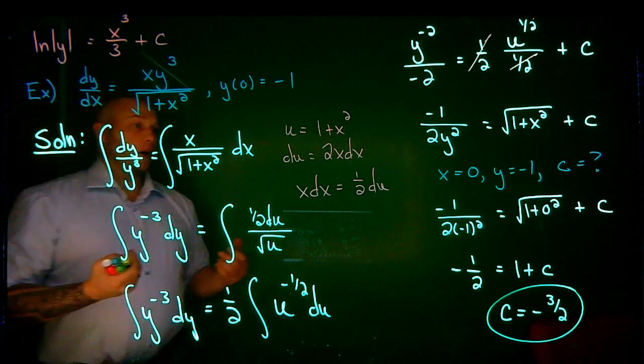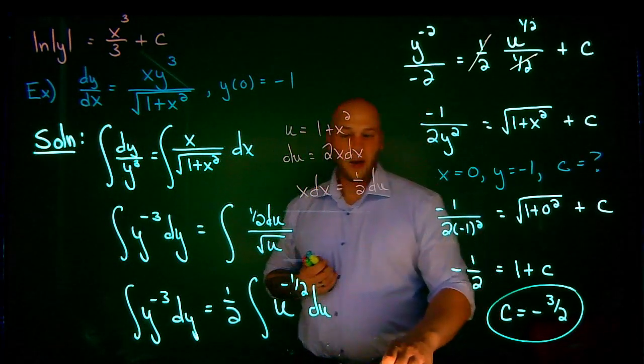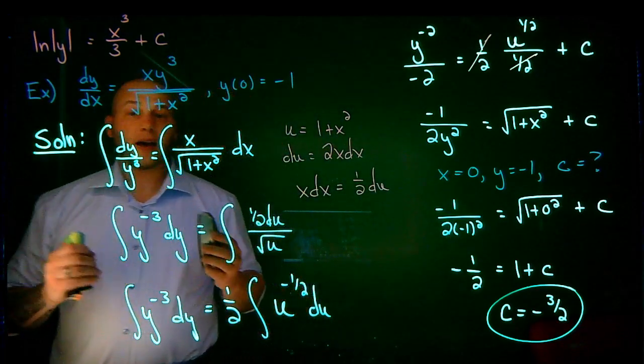Okay. Now what I'm going to do is take this explicit solution that we have here. Let's start on the other side. We'll plug in the c value, and then we will find the explicit solution.